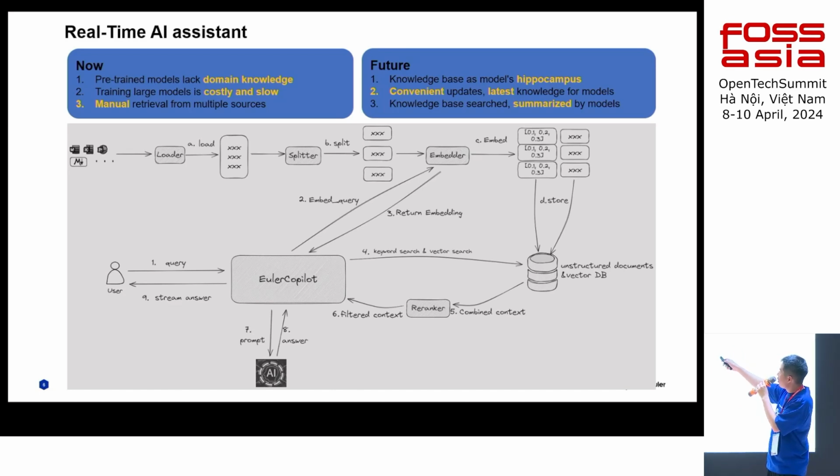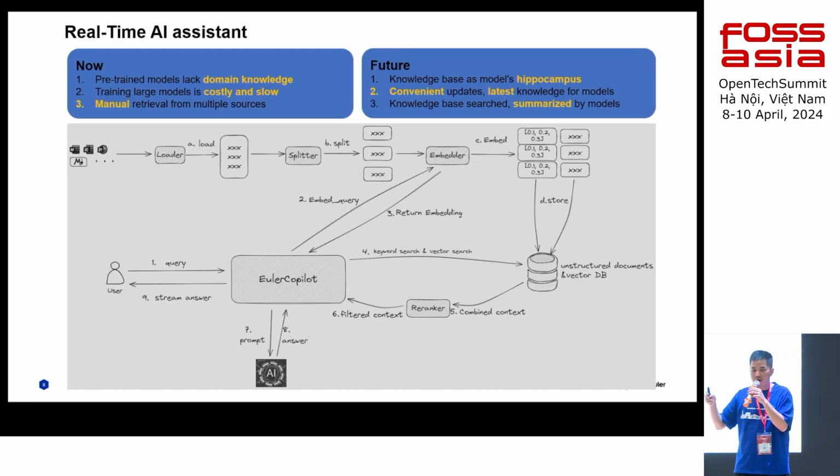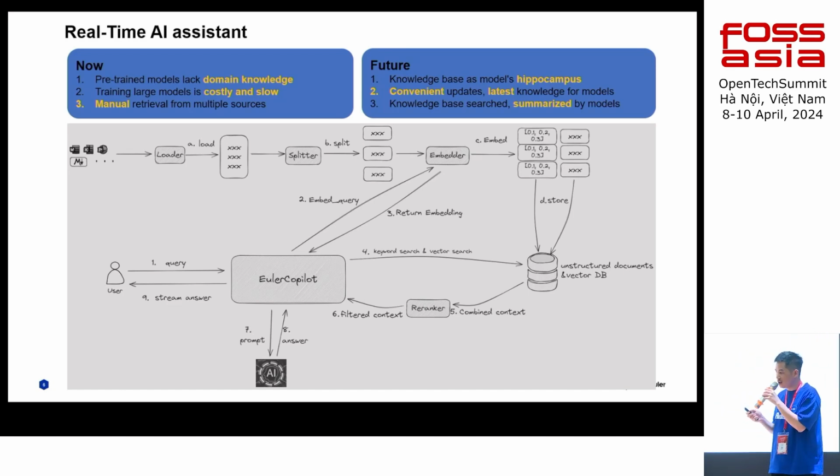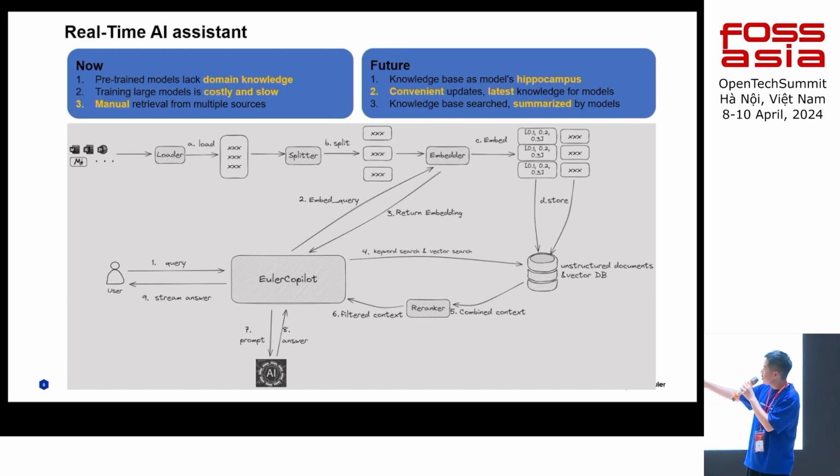Here you can see we load our local documents or extract data from the web, and then split the documents into chunks and embed them into our DB. And the DB is not the only role to play here.